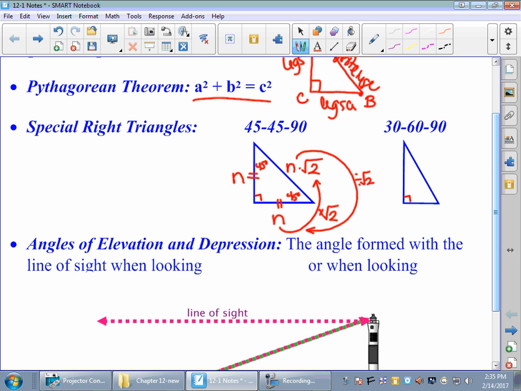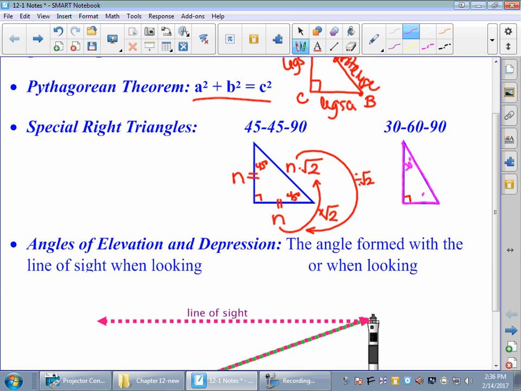For a 30-60-90 triangle, what I like to tell kids is to make an L first, like a capital L. By making a capital L, the height of the L is longer than when you go horizontally. And so what that does is it creates more of a 30, 60, and 90 right triangle. The short side is opposite the 30 degrees.